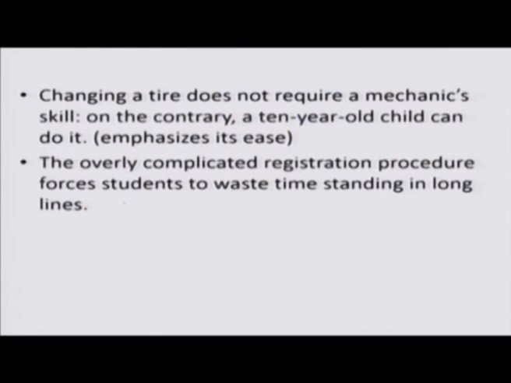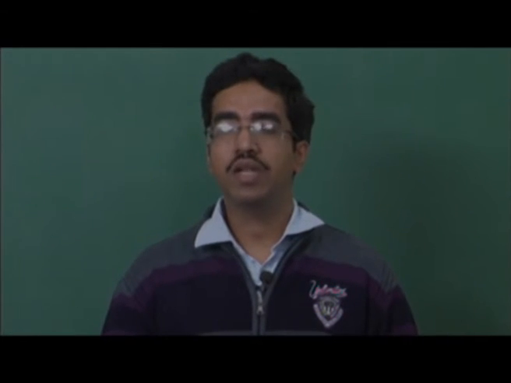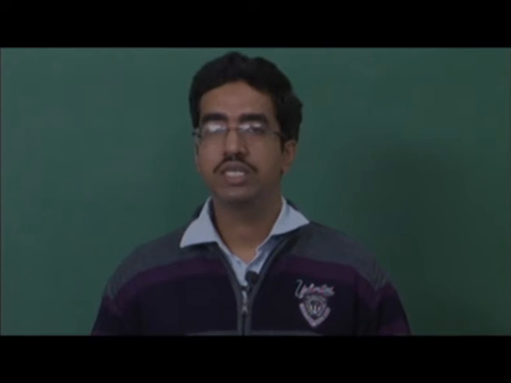If you use this as your thesis statement, you are going to focus on how complicated this registration procedure is. So, by giving clues about the ease or the difficulty of the process in the thesis statement itself, you are preparing your reader to read the rest of the things accordingly.